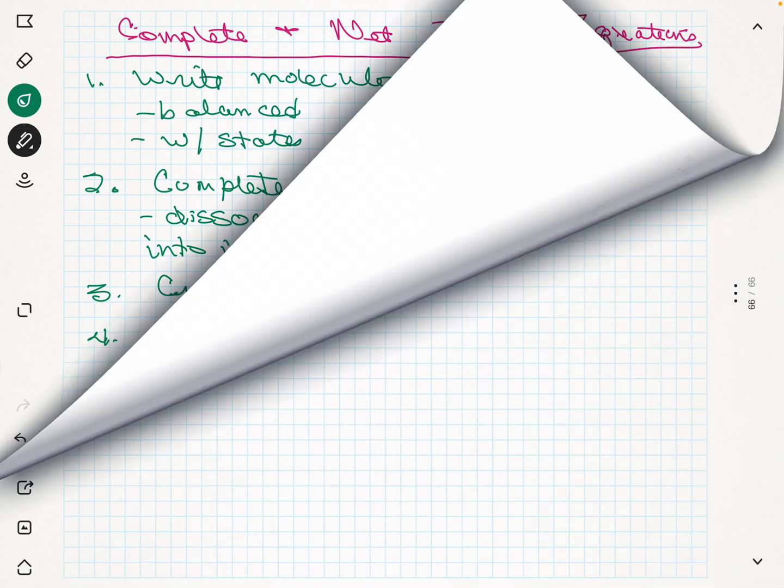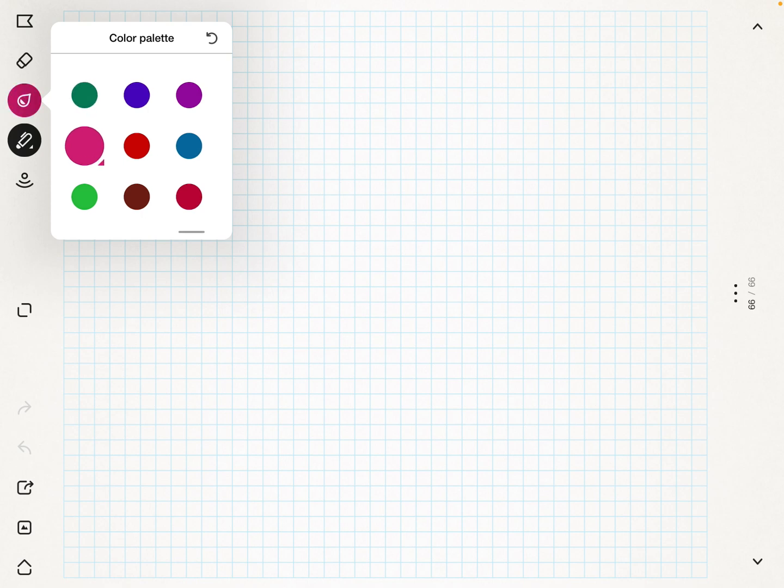Okay, there are our rules. Now, let me choose an equation to start with here. I'm going to pick a simple one. I like to pick a barium compound. Those are simple. Let's pick barium nitrate.